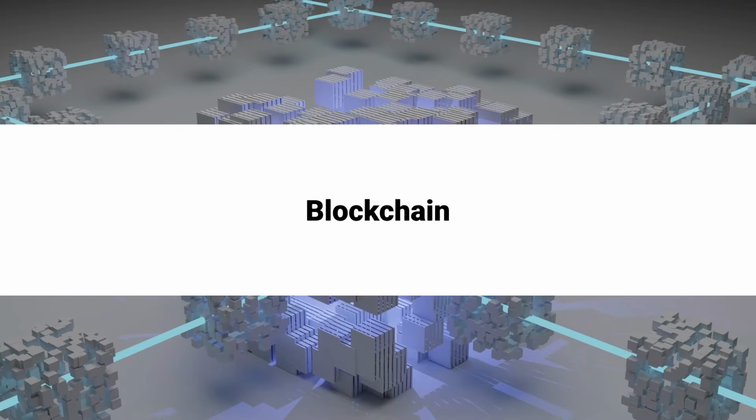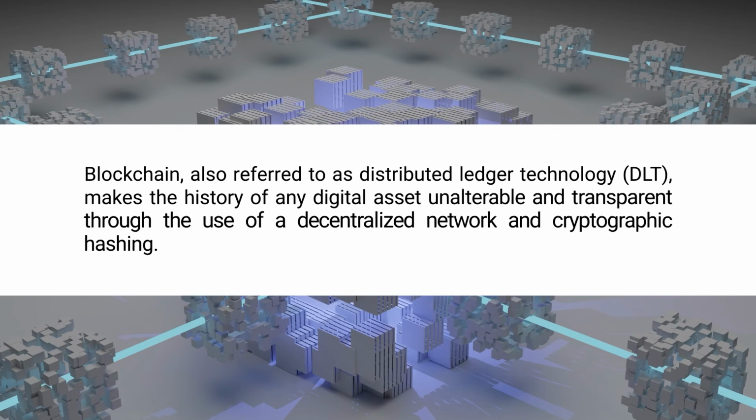Blockchain, which is also referred to as distributed ledger technology, in short DLT, makes the history of any digital asset unalterable and transparent through the use of a decentralized network and cryptographic hashing.